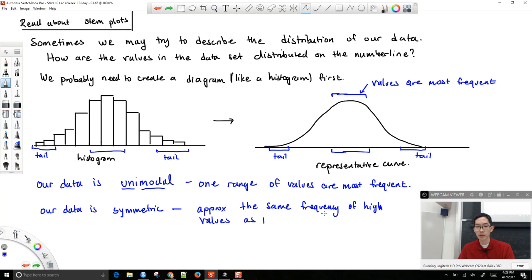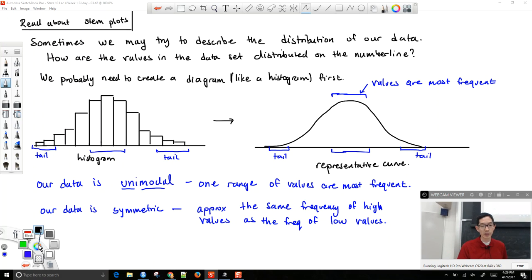The same frequency of high values as the frequency for low values. Okay, and so that's the idea of being symmetric.